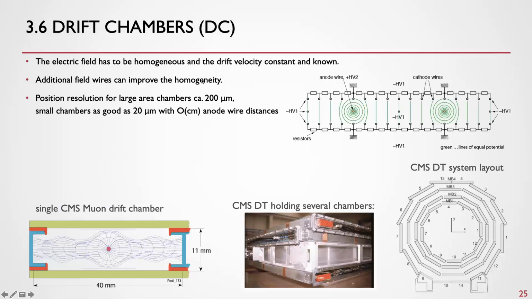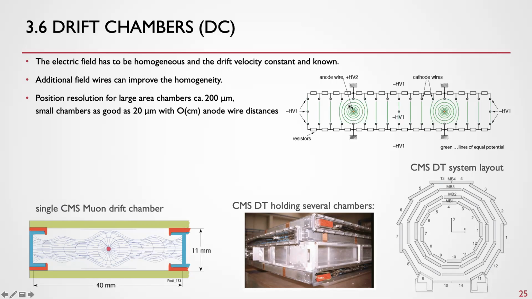These additional field wires that are put in place, for example, here between two anode wires, make the field homogeneous. Position resolutions down to 200 micrometers for the large chambers, down to 20 microns for the smallest chambers can be achieved.